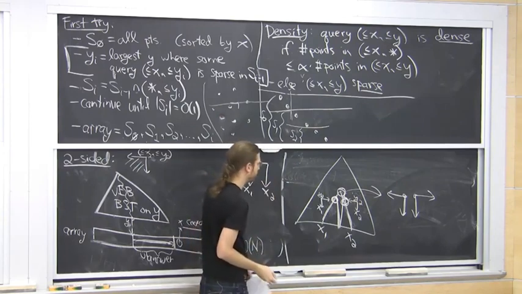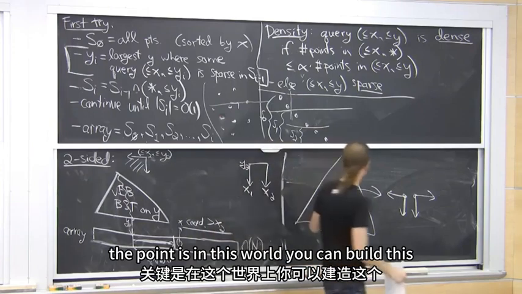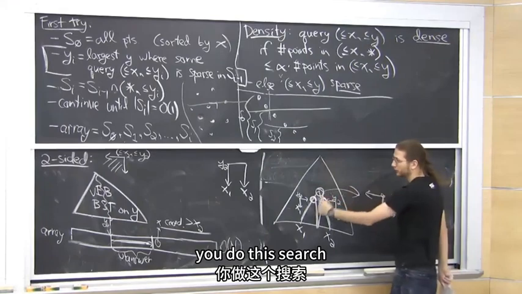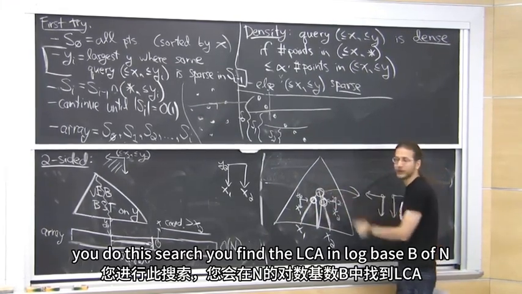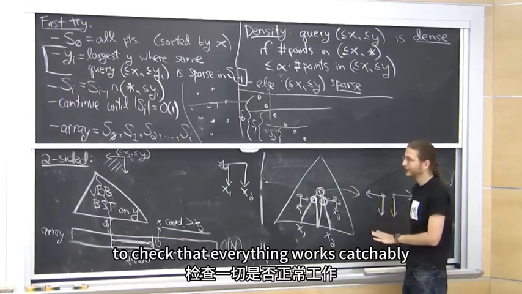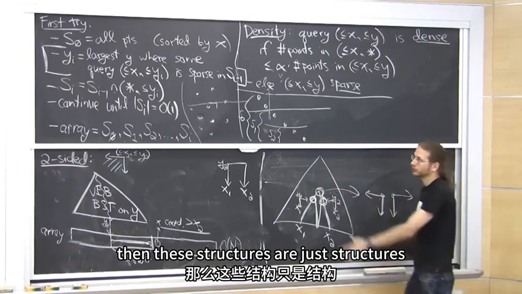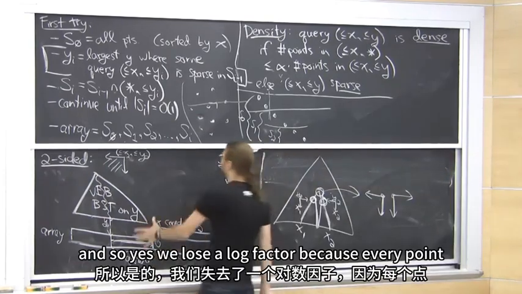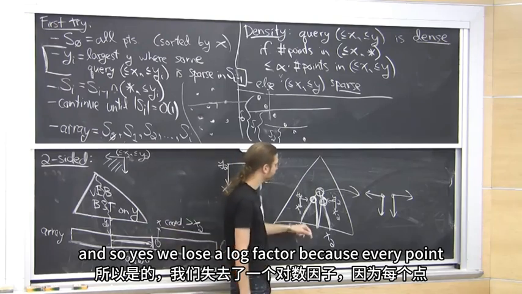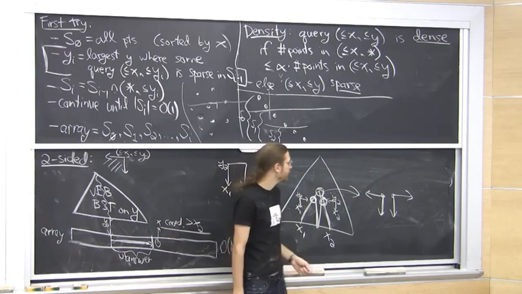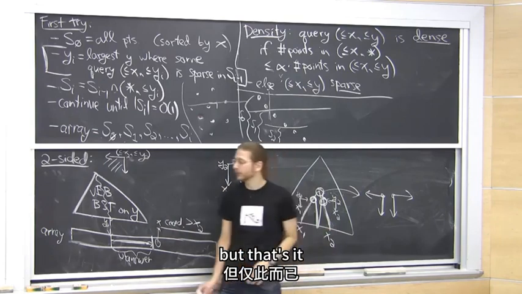No difficulty here. And the point is, in this world, you can build this, put it in a van Emde Boas layout. You do this search, you do this search, you find the LCA in log base B of n, to check that everything works cache-obliviously. Then these structures are just structures which we already built. And so, yes, we lose a log factor because every point appears in log data structures, but that's it.